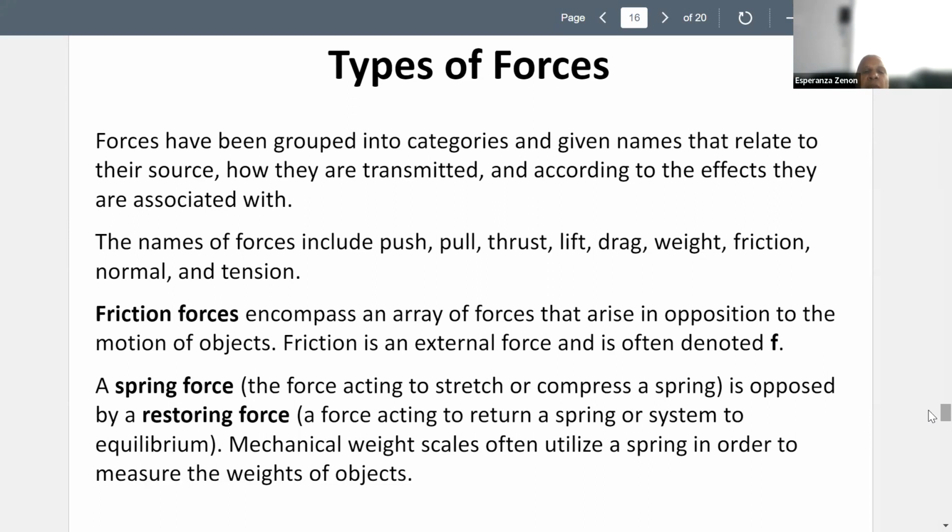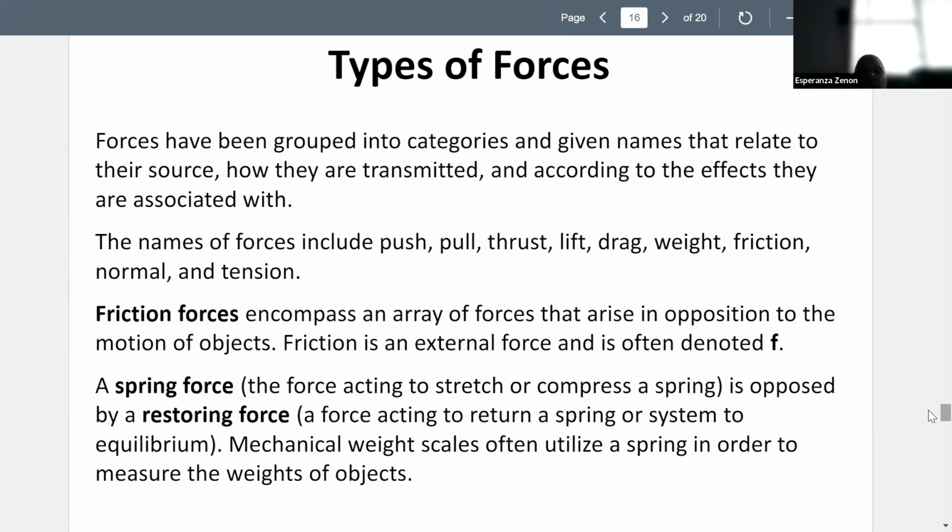Now, spring forces and restoring forces, we won't talk about those now. Another force that you come across is normal force. Normal force is also a contact force, and you can think of it this way: normal force is what balances weight in many instances.